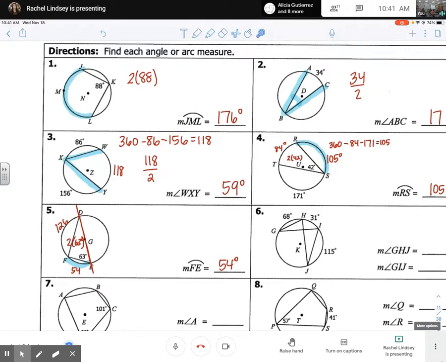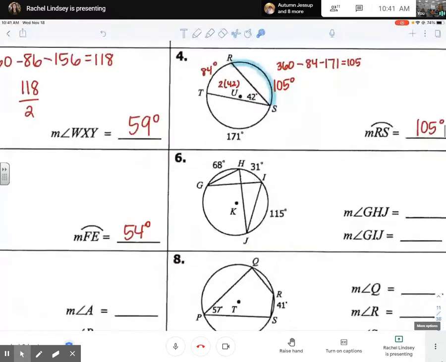Okay. So we need to find the angles GHJ and GIJ. Do those have the same arc? Yes. If they have the same arc, then they're the same angle. So those two are going to equal each other.